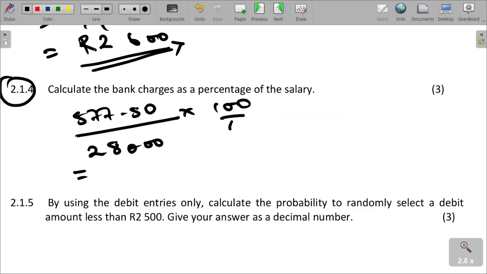577.50 divided by 28,000, multiplied by 100. That is close to 2.1%.